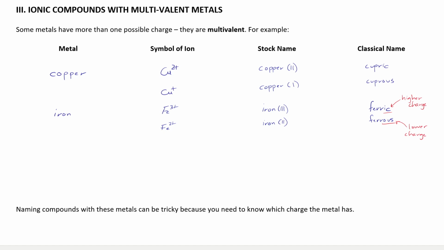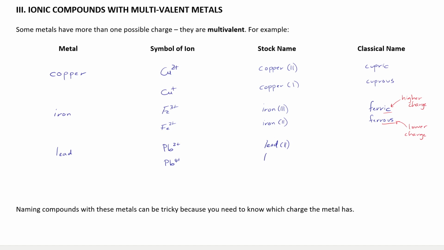And the last one that we're going to take a look at, which you see relatively often, is lead. There are 2 possible charges for lead. There's lead 2 positive and lead 4 positive. So the 2 positive in general is more common, and so that's lead 2.